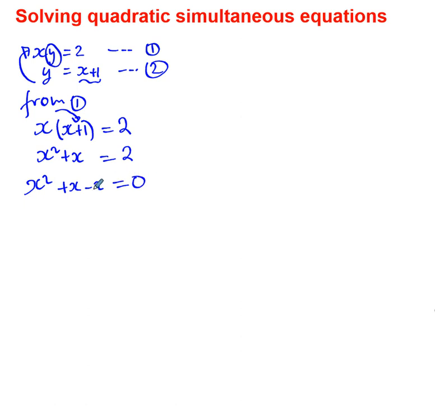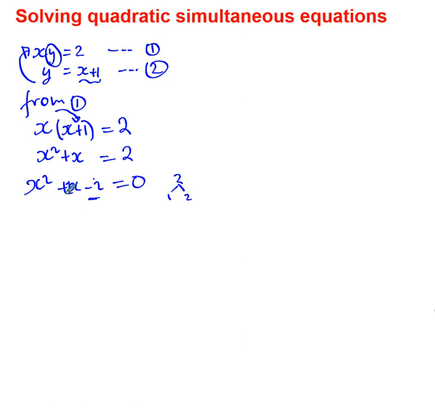At this point we can factorize, and what we do is try and look at two numbers that multiply to make 2, but when you add them they give you plus 1. There's only one way to make 2, well, 1 times 2.